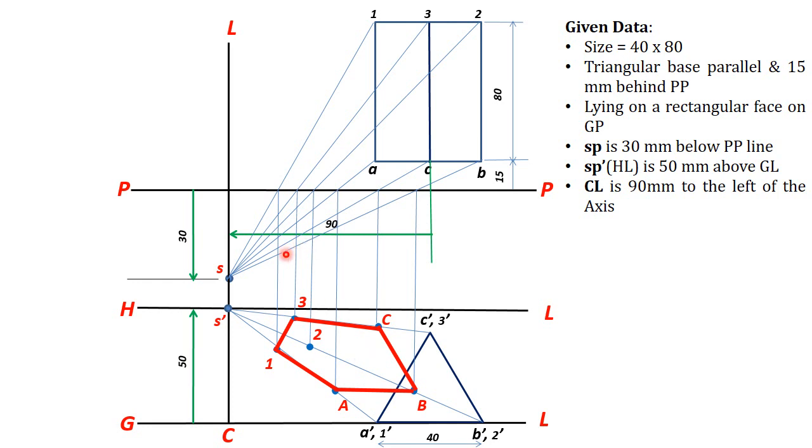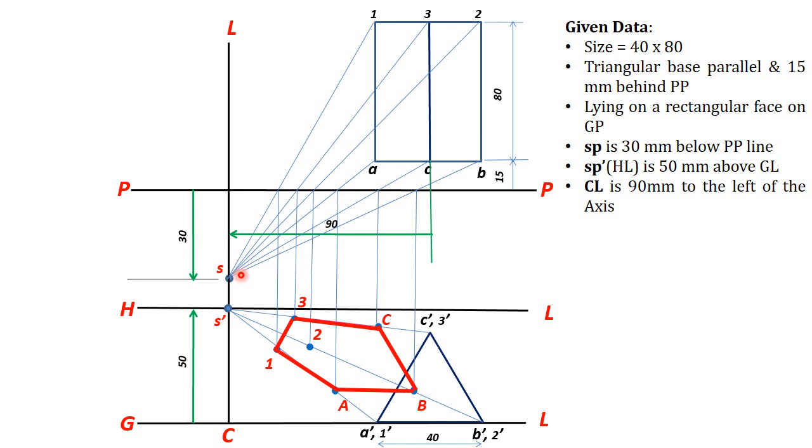To find the visible edge and invisible edge, the second rule is to view the object from the station point's top view and station point's front view. The line or edge which is nearer to the station point in top view and also in front view will be visible.